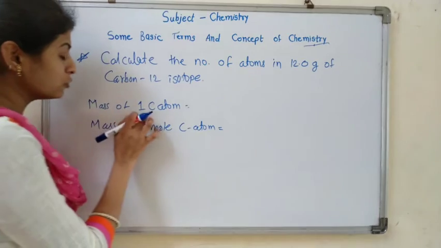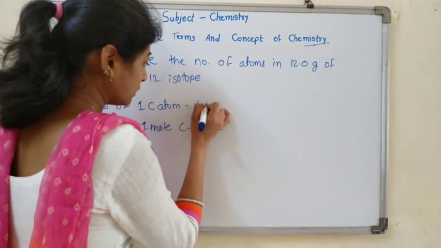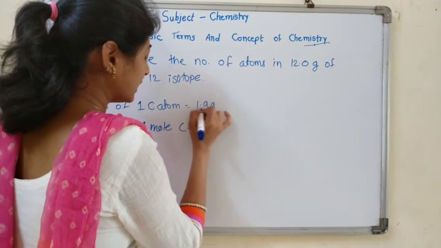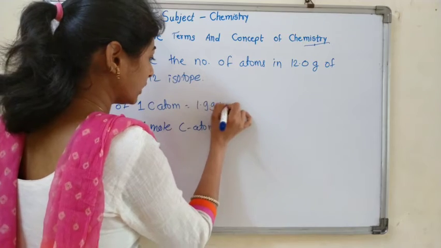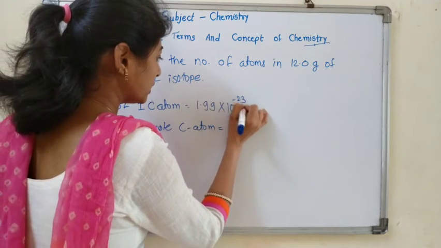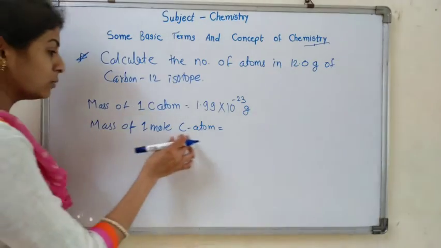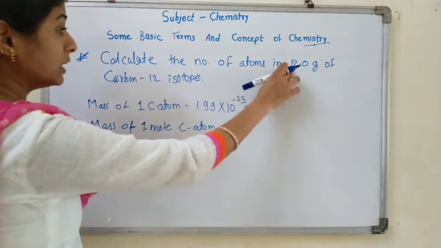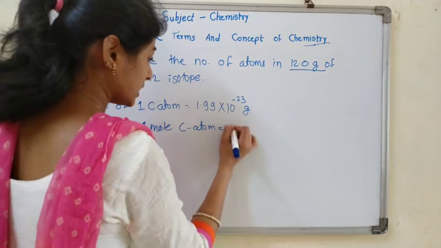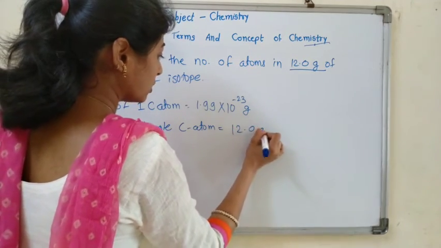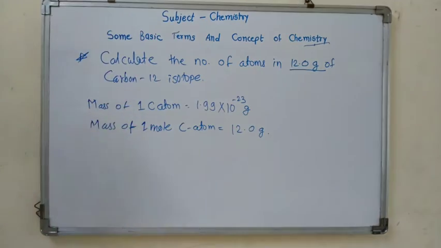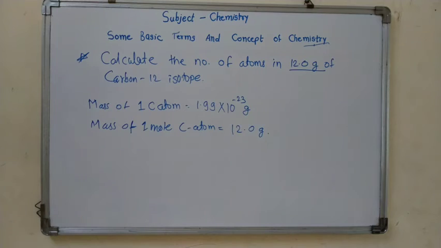The mass of 1 carbon atom, as we saw earlier, is 1.99 into 10 to the power minus 23 grams. Okay. Now mass of 1 mole of carbon atom. Here the given mass is 12.0 gram. Now we have to calculate the number of atoms present in 12 gram of carbon.